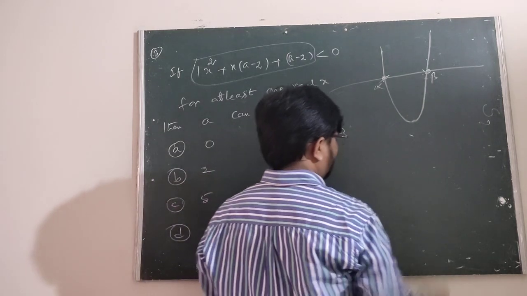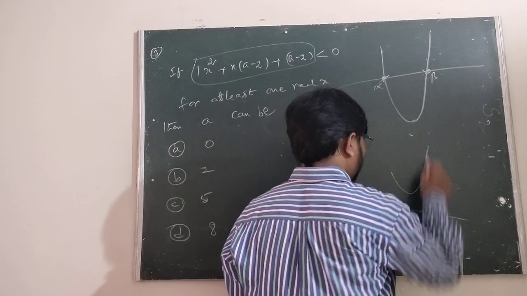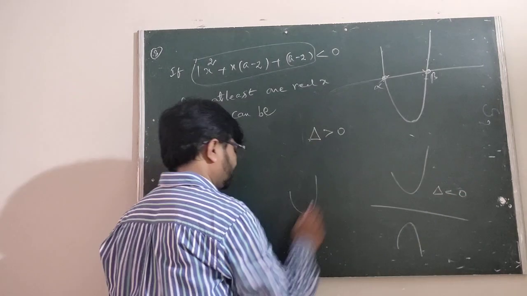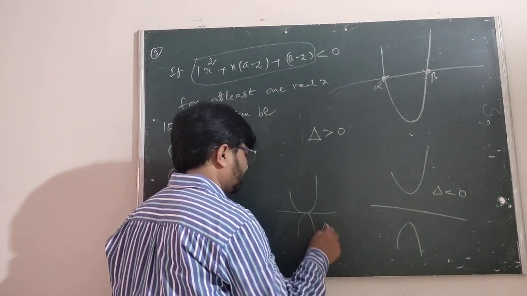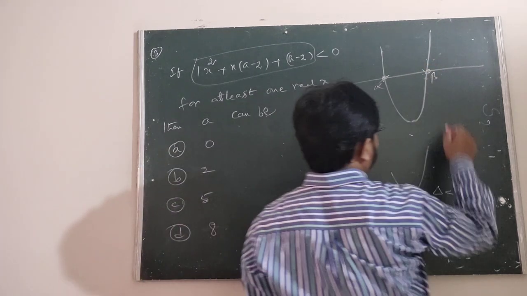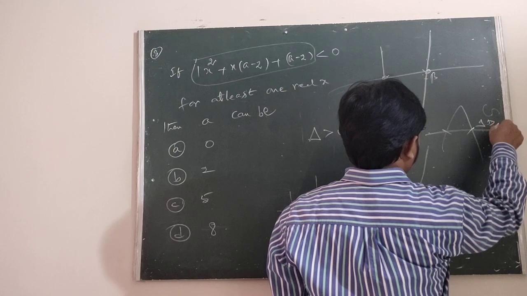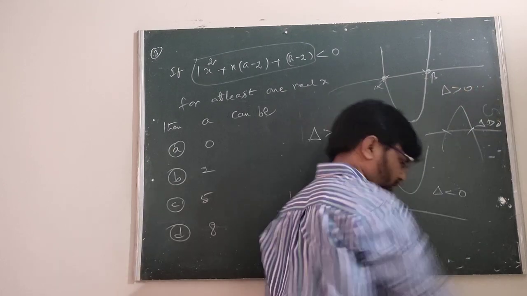Here it completely lies above or below, so the discriminant must be less than 0. Here it touches, so the discriminant is 0, but here it intersects the x-axis at two distinct points. In this case, the discriminant must be greater than 0.